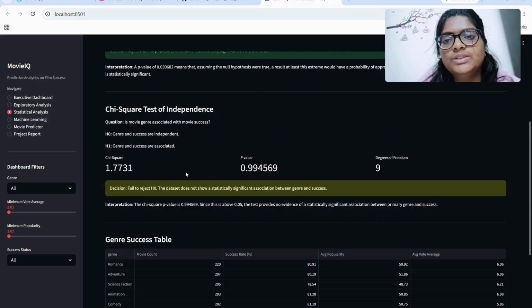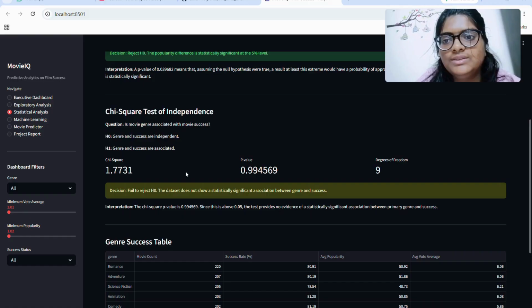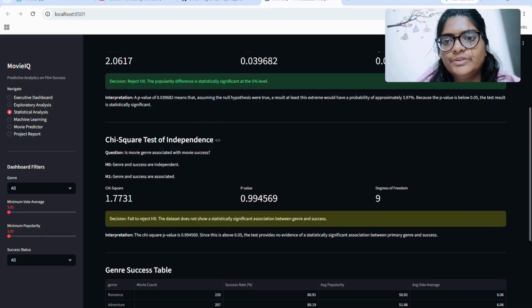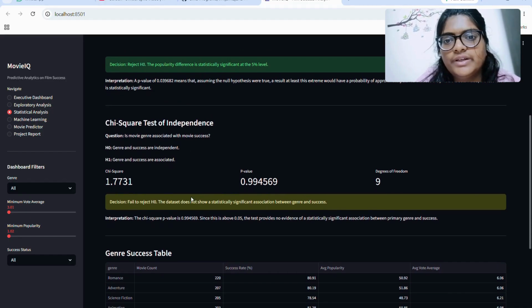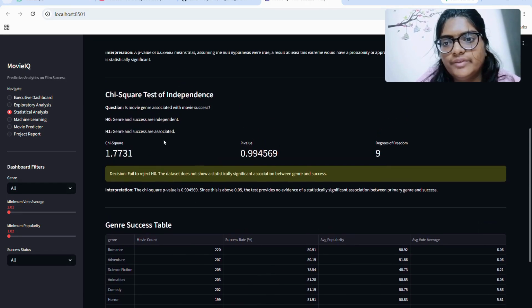I used a significance level of 0.05 to evaluate the result. I also performed a chi-square test for independence to examine if the movie genre is associated with movie success. The dashboard displays the test statistic, p-value, degrees of freedom, and final statistical decision.